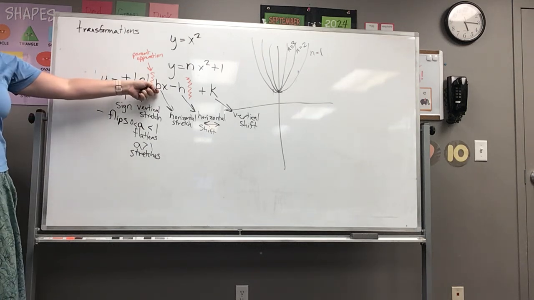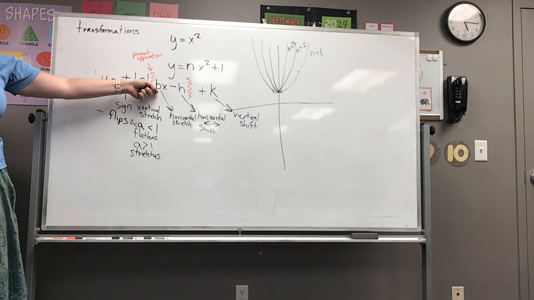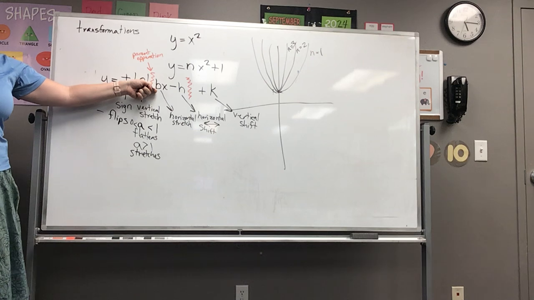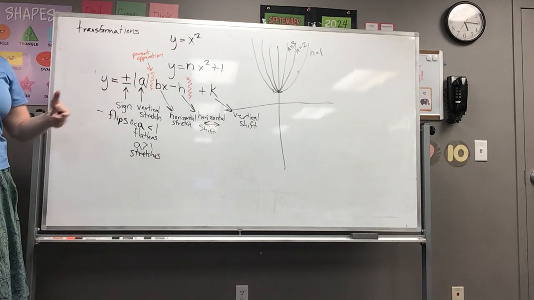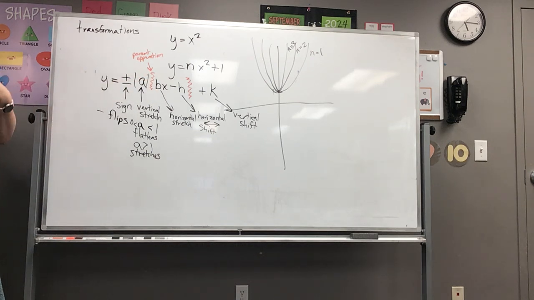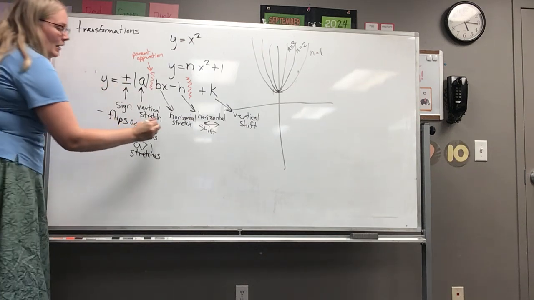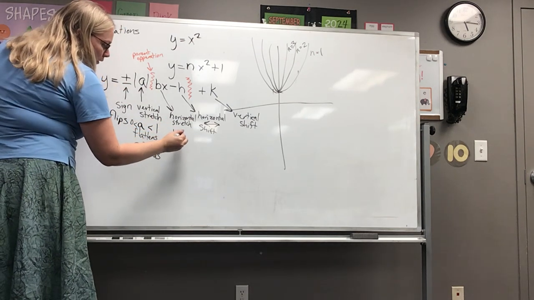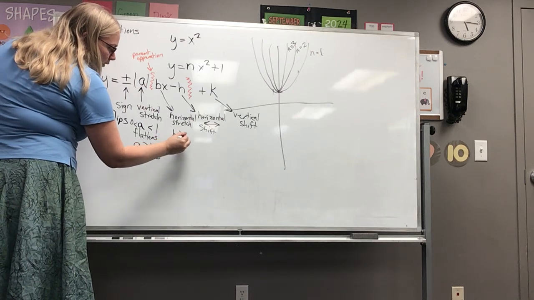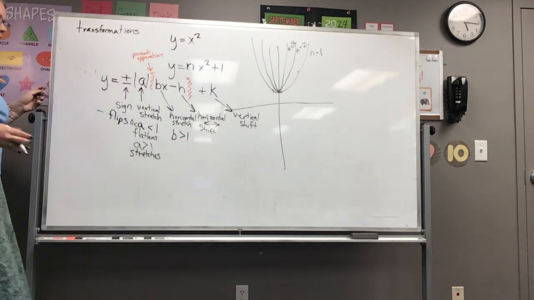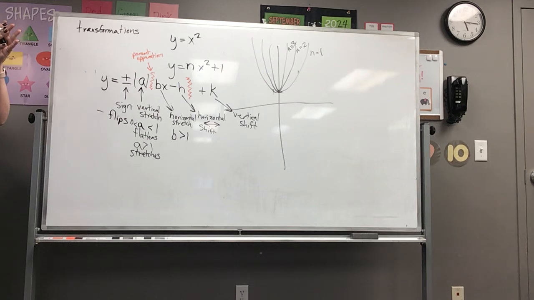If it is a big number, it's going to go up and down lots faster. It's going to cycle more quickly. And so if B is greater than 1, it's going to compress horizontally. It gets quicker or shorter.